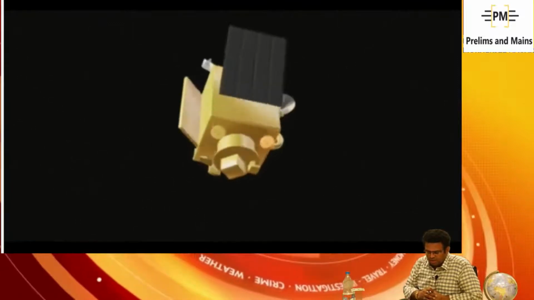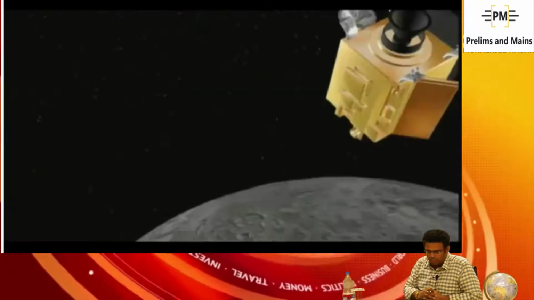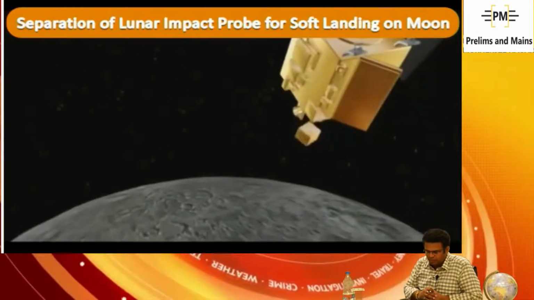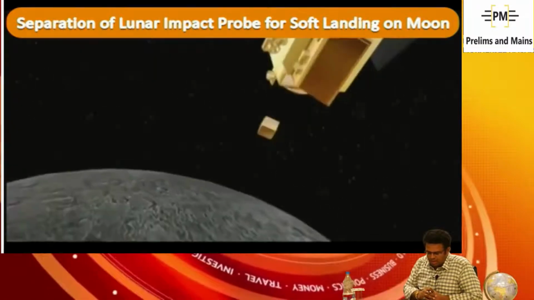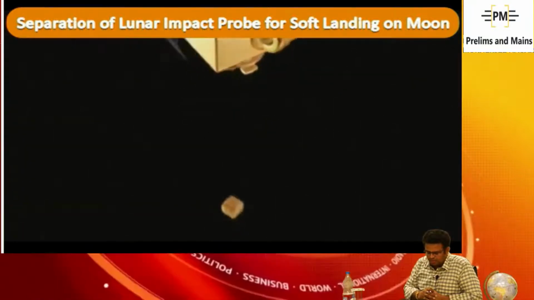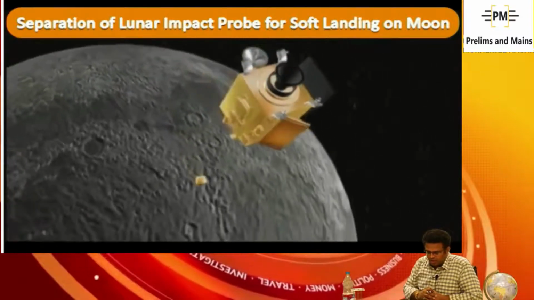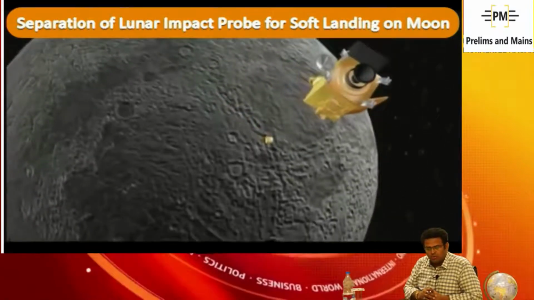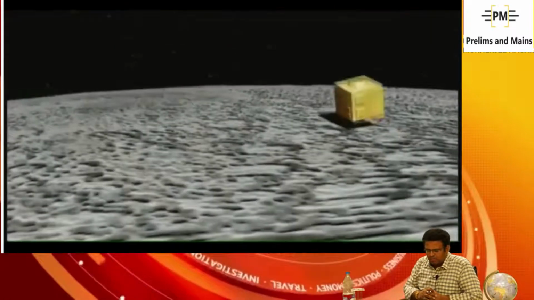This Chandrayaan 1 is the one which is releasing the Moon Impact Probe. This is the one which is falling over here. It is the Moon Impact Probe, and for the first time the Indian flag has been unfurled on the moon surface. For the soft landing, generally any payload falling onto the moon has to fall on soft soil so that it cannot bounce back too much.